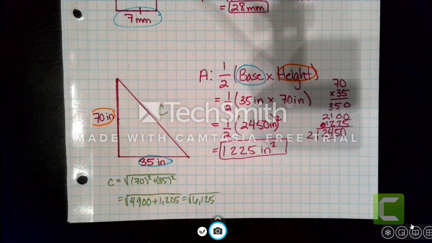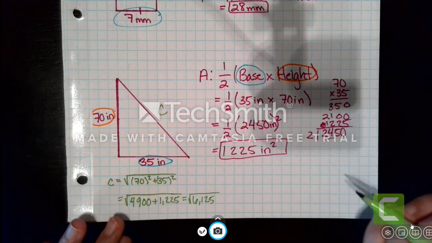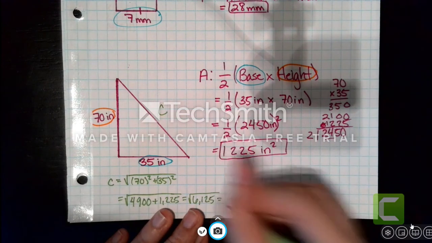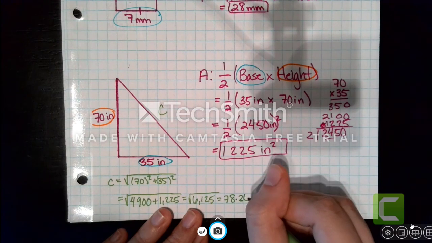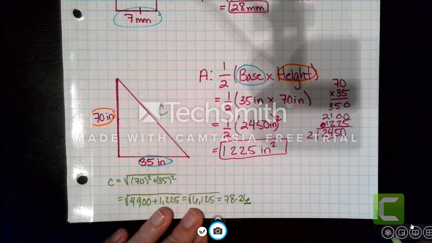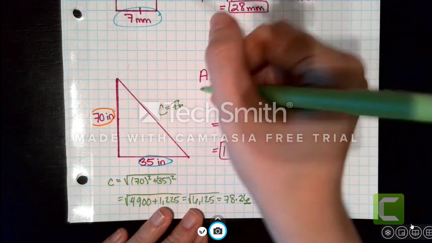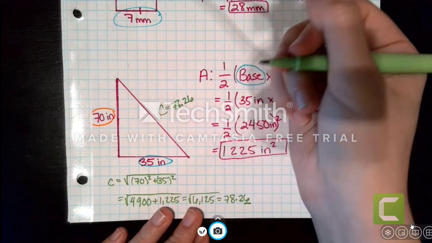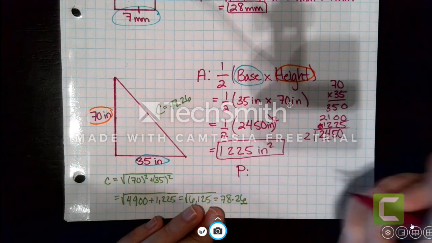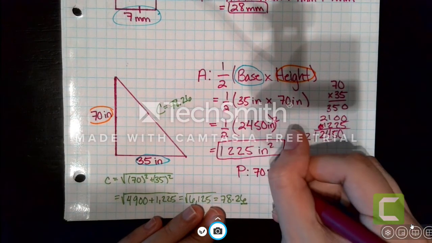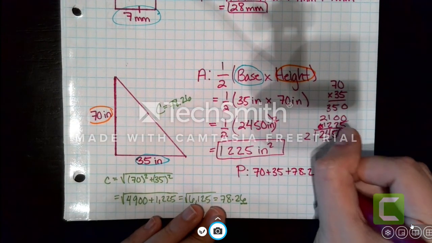Taking the square root of 6,125, you will get a decimal, but we need it if we're going to find our perimeter here. Your decimal should be about 78.26, and that's me rounding to that hundredth spot. That is what your missing side equals, 78.26. So finally, your perimeter is just 70 plus 35 plus 78.26.